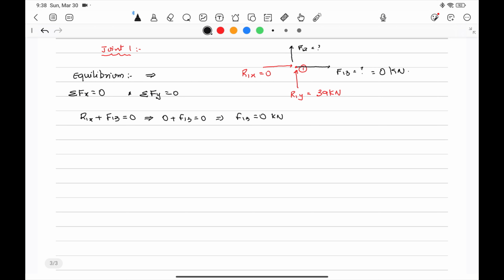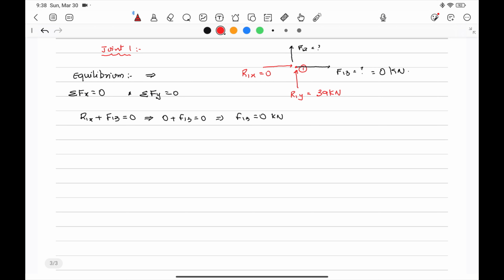That is, the member joining 1 and 3 is a member without force. That is a no tension, no compression member. This is one of the major questions that will be asked in SSC JE or UPSC or GATE.